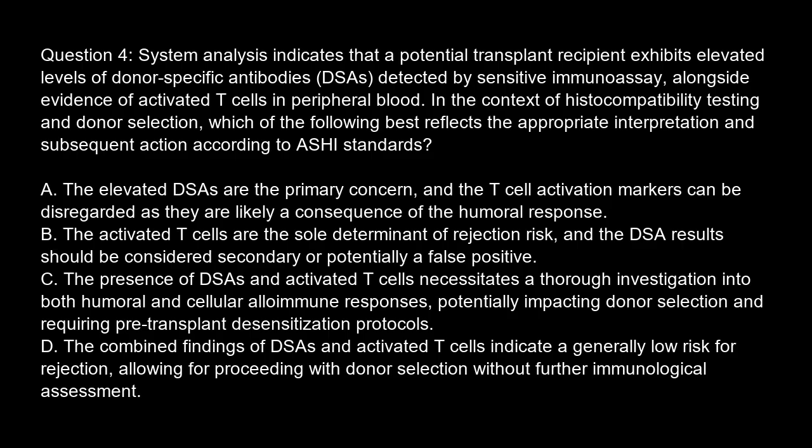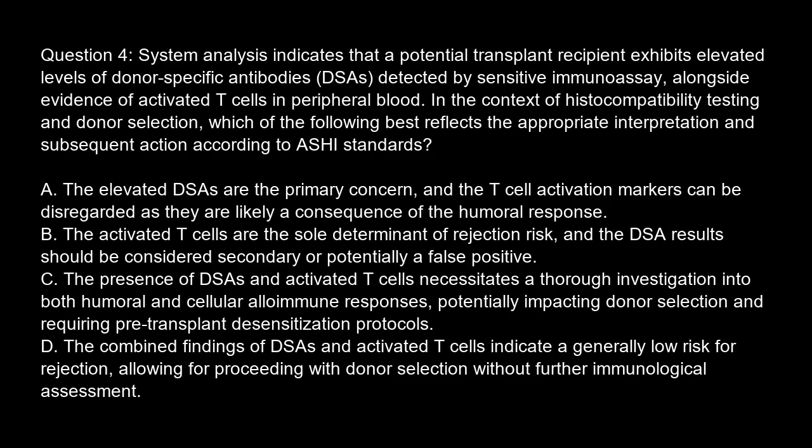Option A. The elevated DSAs are the primary concern, and the T-cell activation markers can be disregarded as they are likely a consequence of the humoral response. Option B. The activated T cells are the sole determinant of rejection risk, and the DSA results should be considered secondary or potentially a false positive.